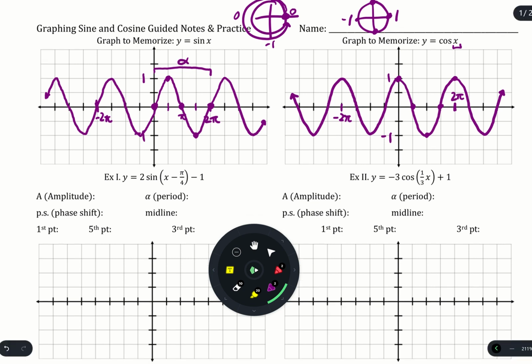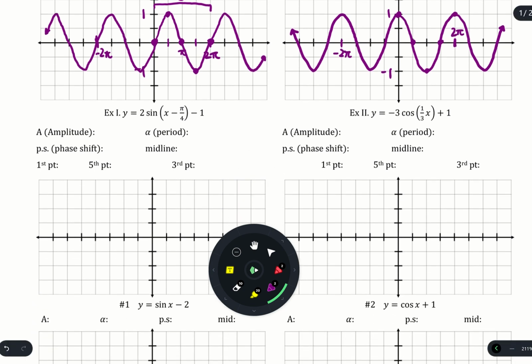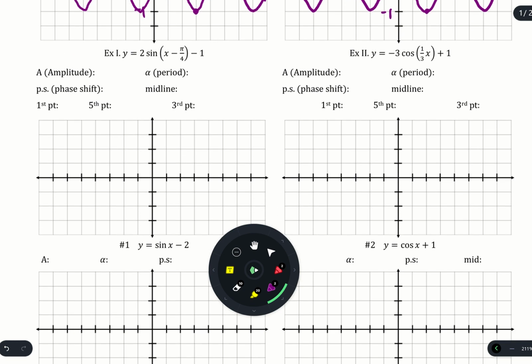All right, so now we are going to do some transformations. The general form of the equation is y equals plus or minus a sine of 2 pi over b x minus h plus k.